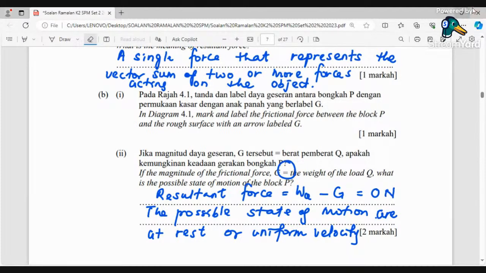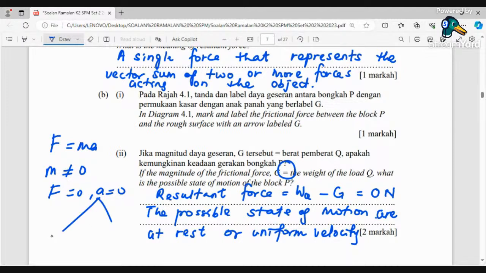Because F equals ma, and m is of course not 0, if F is 0 then a is 0. When a is 0 there are two possibilities: either it is not moving at all or it moves at constant, uniform velocity. This is the concept, so write the possible state of motion as at rest or uniform velocity.